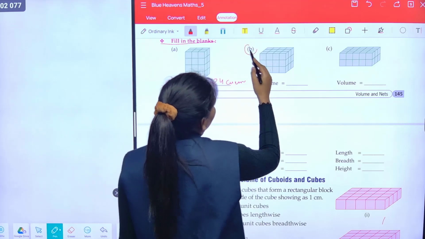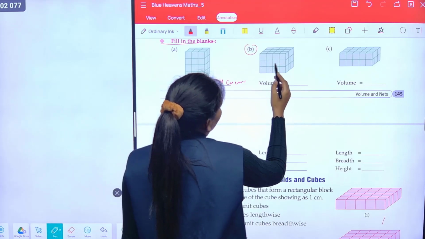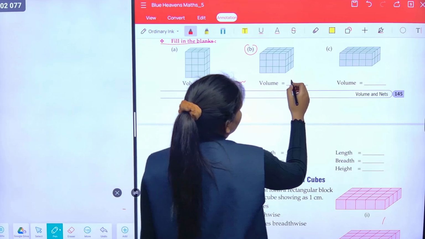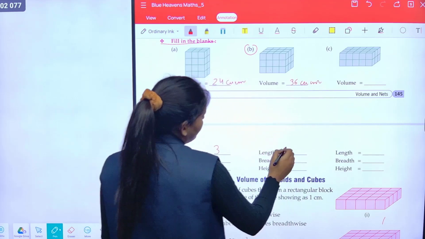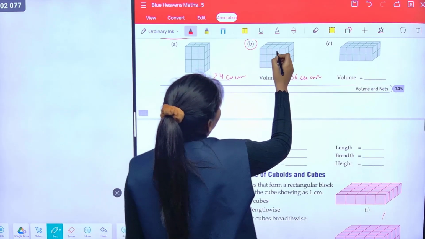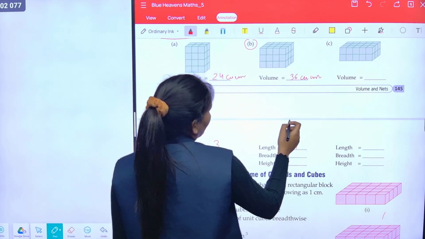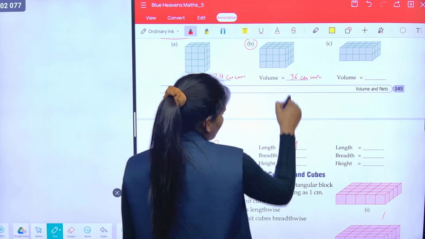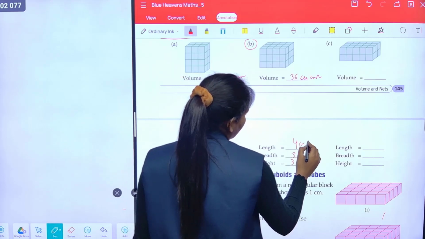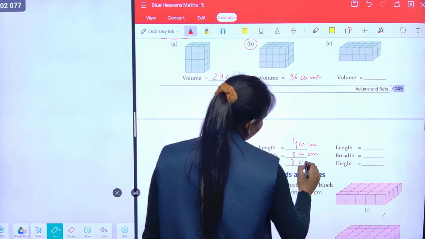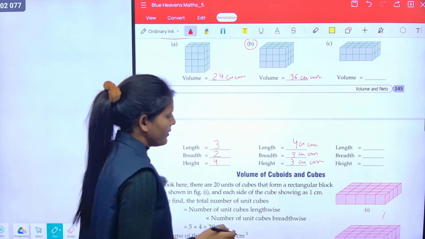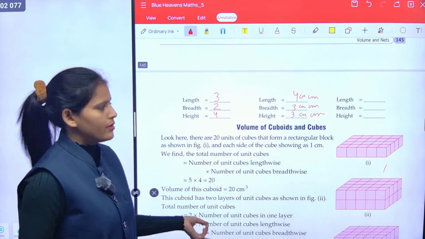Now B part: 1, 2, 3, 4, 5, 6, 7, 8, 9, 10, 11, 12. 12 threes are 36 cubic centimeters and length 1, 2, 3, 4, breadth 3 and height is also 3. Rest of the parts do yourself class.